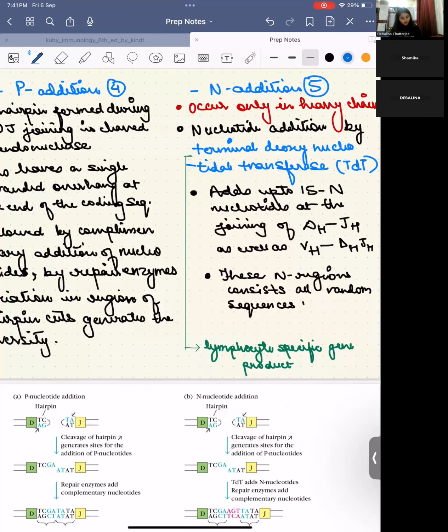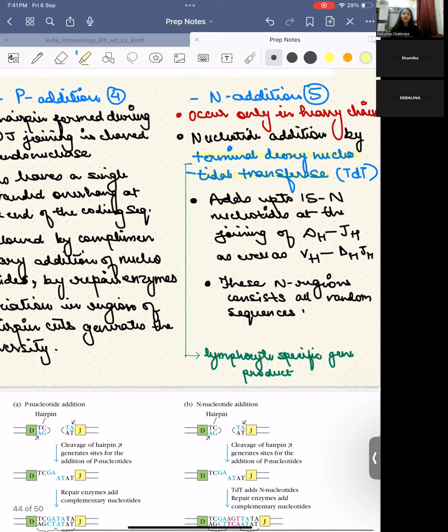The other thing that we talked about already is N addition, which only happens in the heavy chain. And I told you that we have another enzyme, TdT, terminal deoxynucleotidyl transferase. As the name suggests, it is going to randomly add some nucleotides on the terminal ends of your DNA fragments, right? This acts only on the heavy chain.